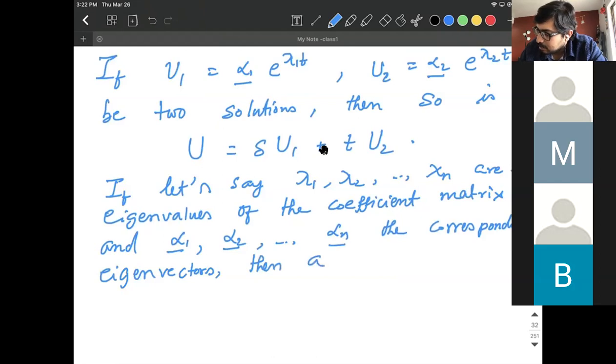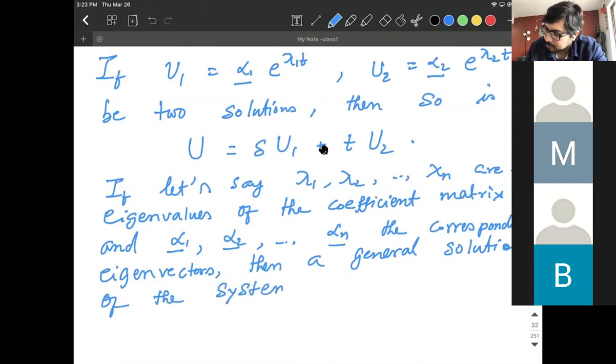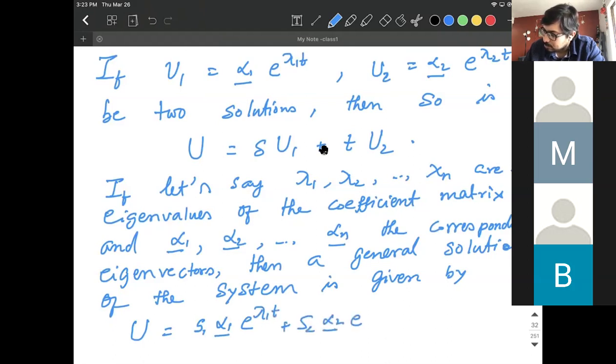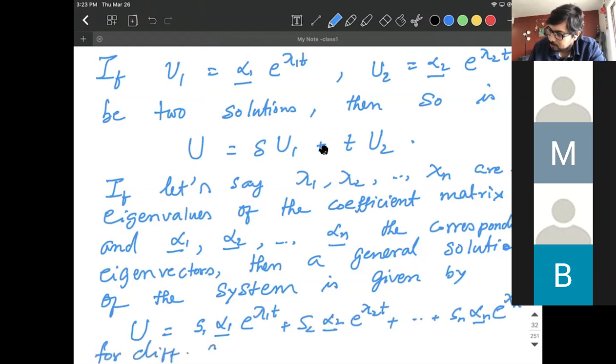Then a general solution of the system is given by this new function: u equals S1 alpha 1 underbar e to the lambda 1 t plus S2 alpha 2 underbar e to the lambda 2 t, up to Sn alpha n underbar e to the lambda n t, for different choices of these scalars S1 up to Sn.